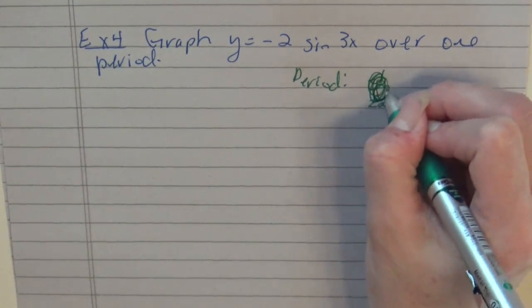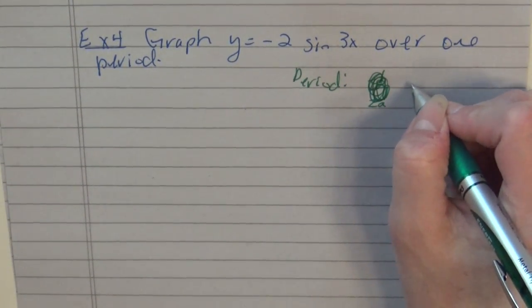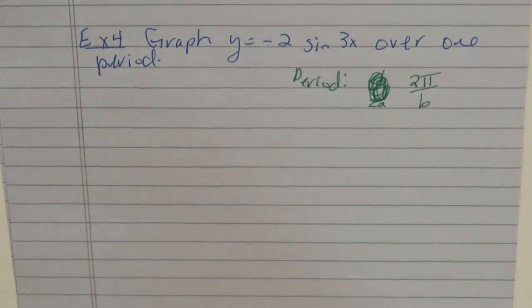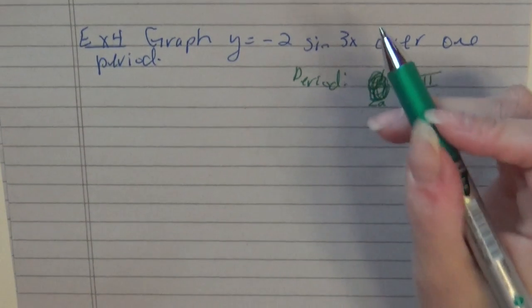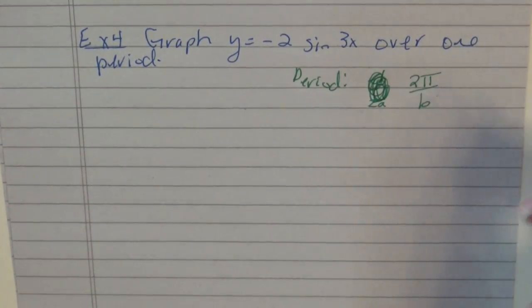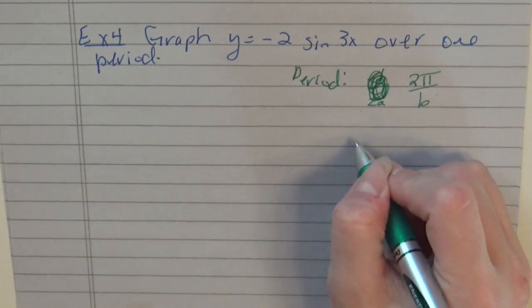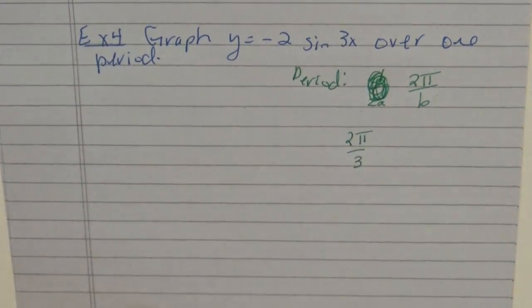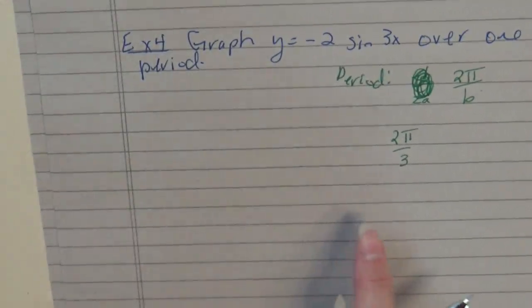We need to do 2 pi over b. What is b? Well, b is the coefficient on x, so that's 3. So we have period 2 pi over 3. That's our period. Now once you have your period, you need to divide.